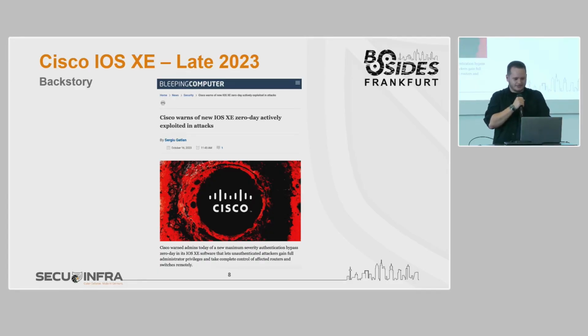But basically, back in 2023, there were one or two, we didn't really know, vulnerabilities in Cisco IOS XE devices. And Cisco published this to generally raise awareness that these issues exist, but didn't provide any actual proof or indicators of compromise.